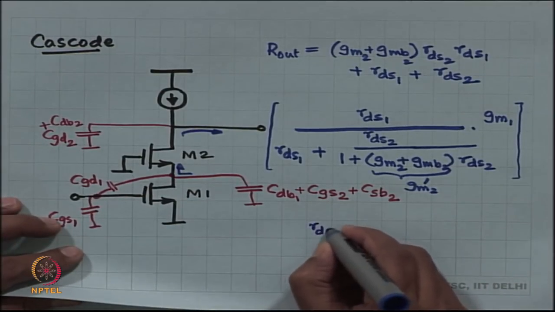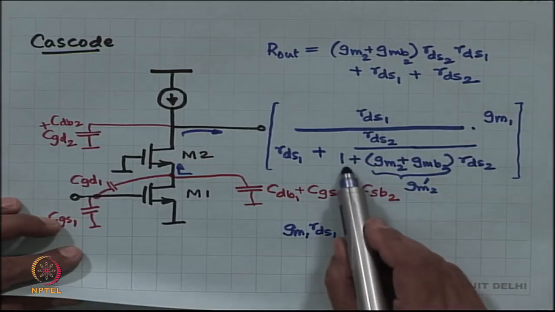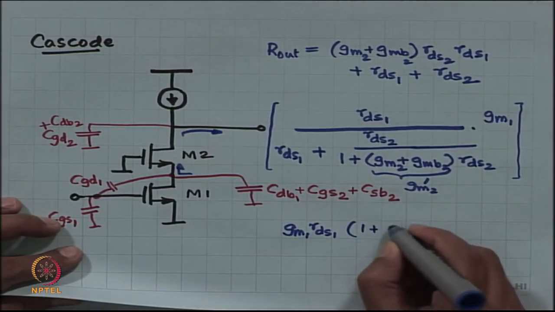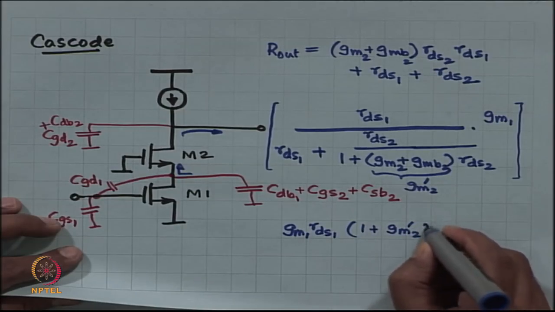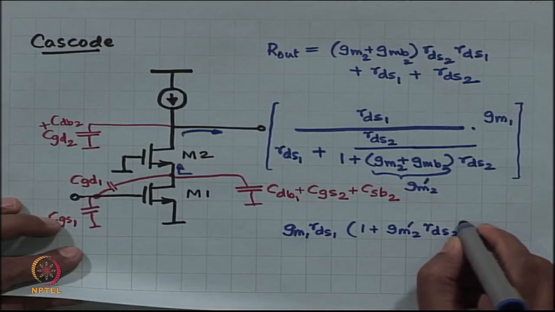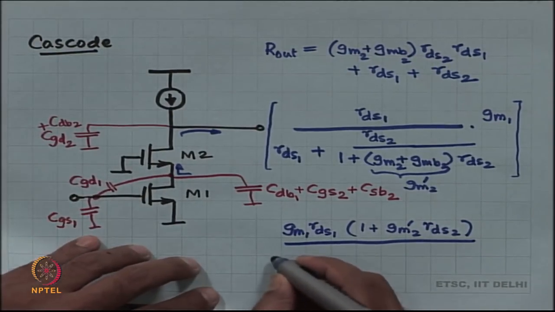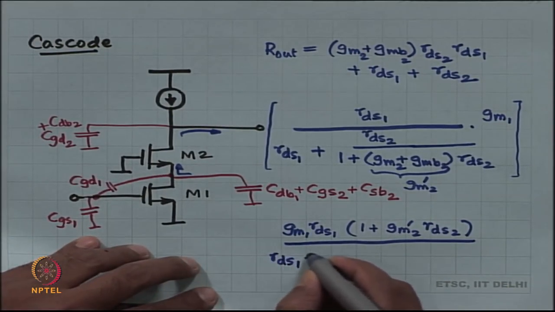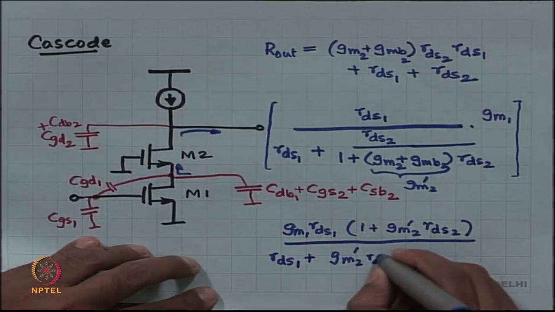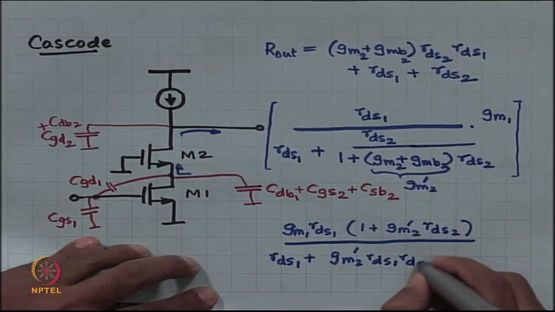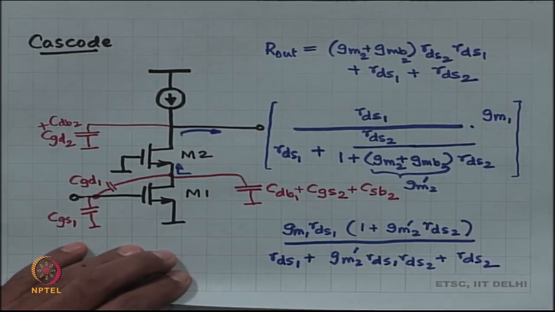So, the DC term was GM1 RDS1 in the numerator times 1 plus GM2 prime RDS2 divided by RDS1 plus GM2 prime RDS1 RDS2 plus RDS2. Okay, this was the DC term.